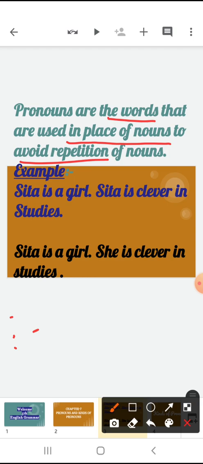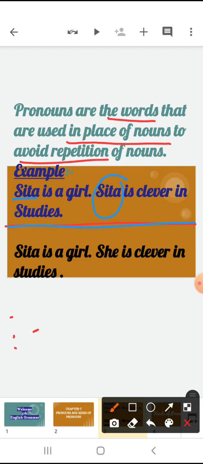For example, Sita is a girl. Sita is clever in studies. So how do we replace this word with a pronoun? Sita is a girl.